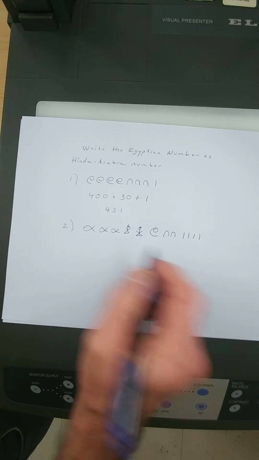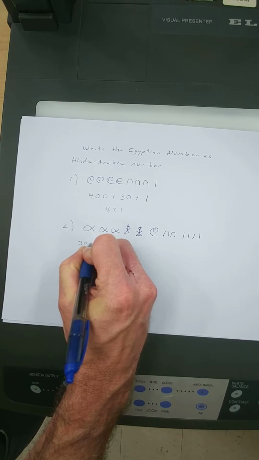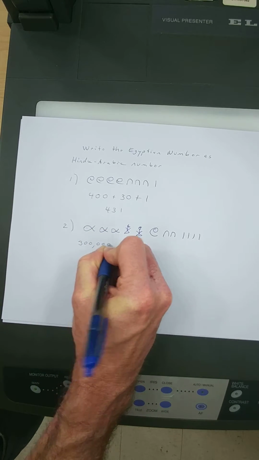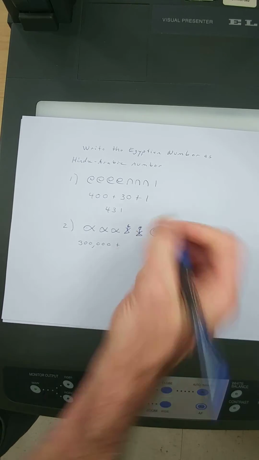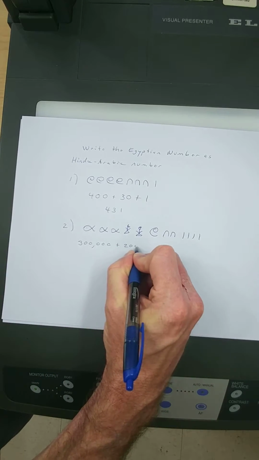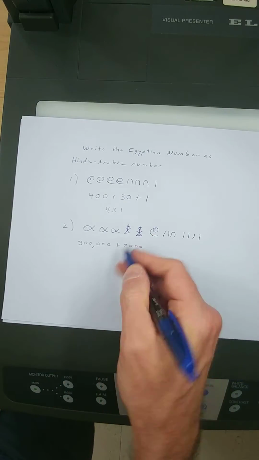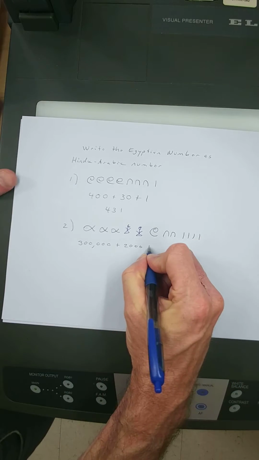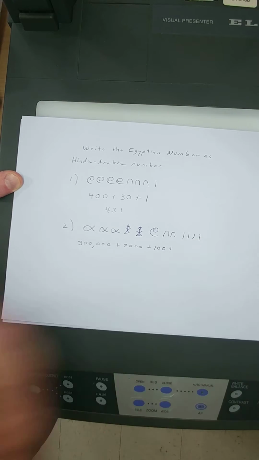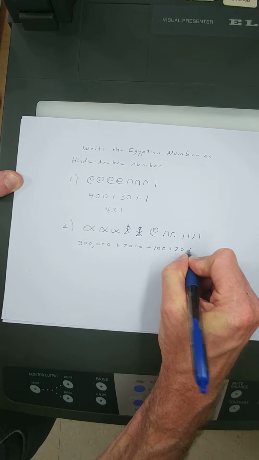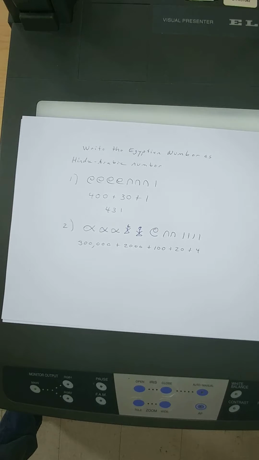Anyway, 3 fish will be represented by, remember, each fish is 100,000, so that's 300,000 plus, remember, the flowers are 1,000 each, so 2 of them would be 2,000. 1 coil of rope's 100. 2 heel bones is 20, and then 4 strikes is 4.